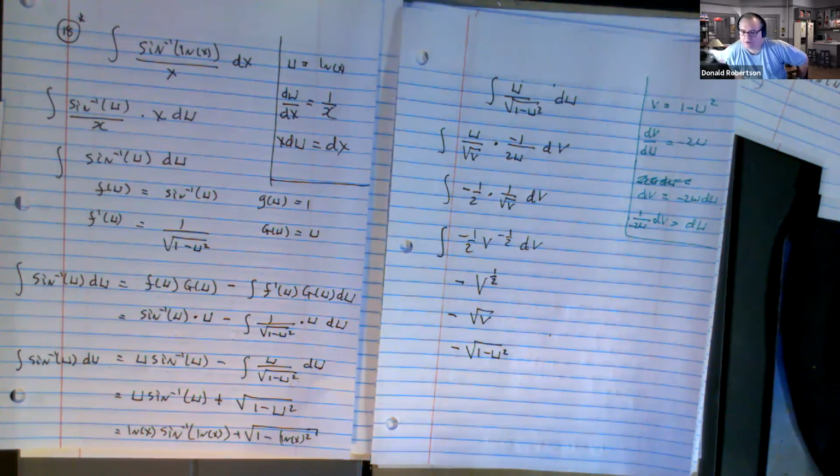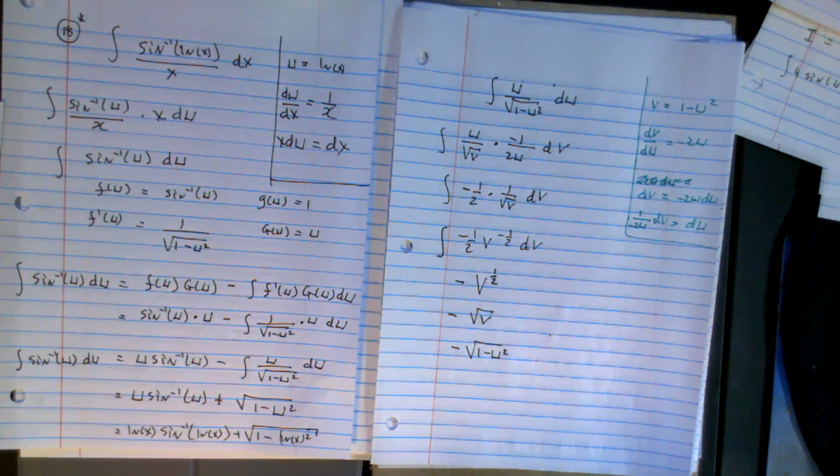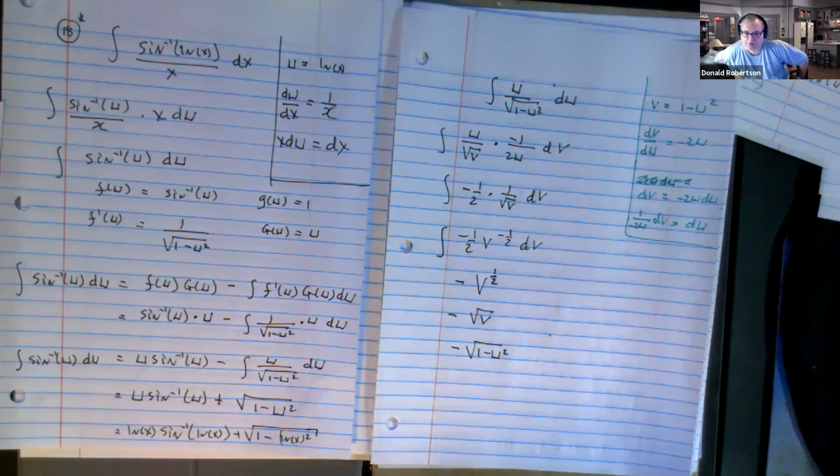Could you do that by parts? If you tried to do it by parts, the square root of 1 minus u squared would kill you. Its derivative, and it'd have to be its derivative, I think, would be really ugly.